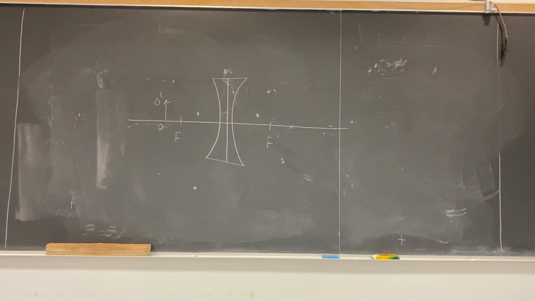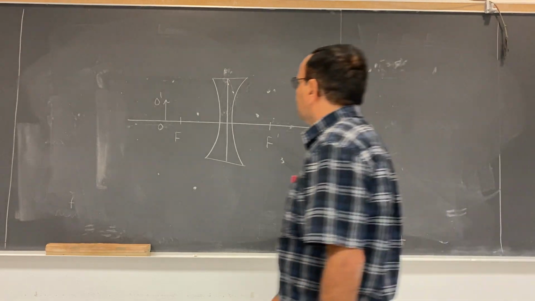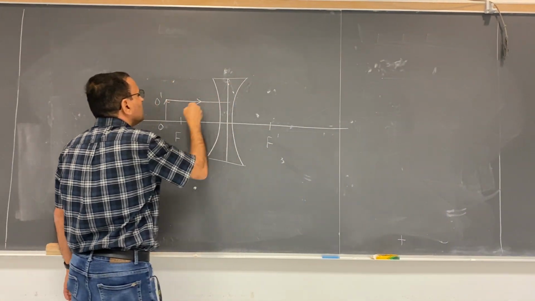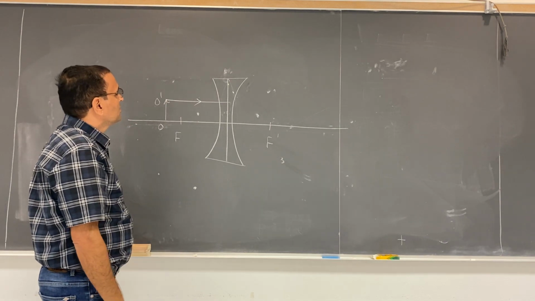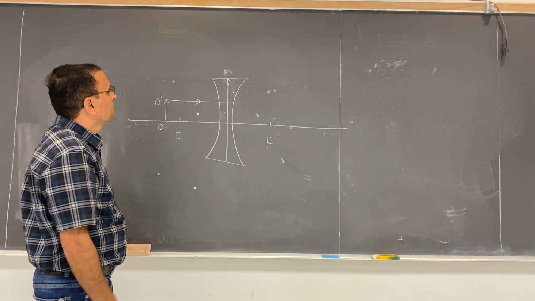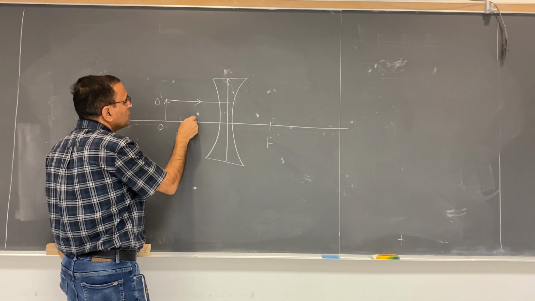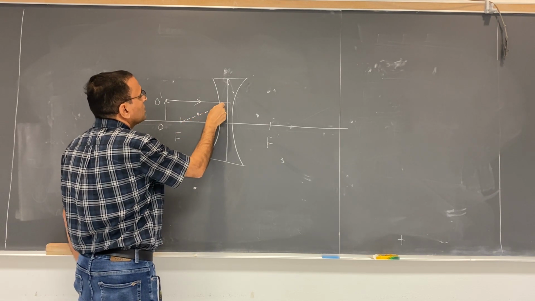You don't have that many positions in the case of a concave lens. So one you can do like this. So how do you complete? It goes, this is a focal point, so refer to this focal point.